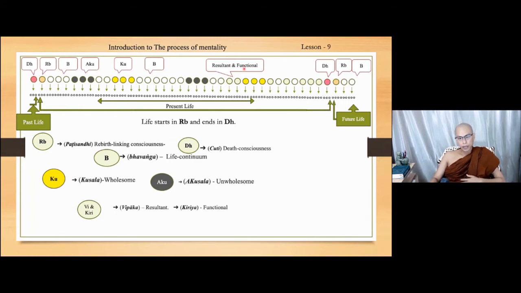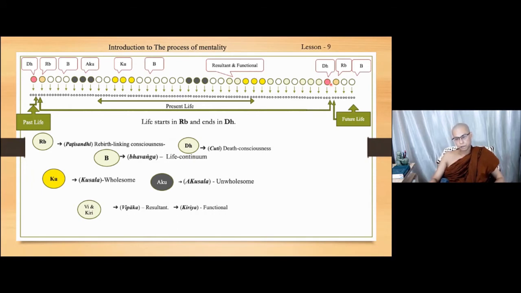But for the arahat, the functional consciousness arises instead of wholesome. So unwholesome never arises in the arahat's mind up to his death. In this way, our process of mentality is arising.